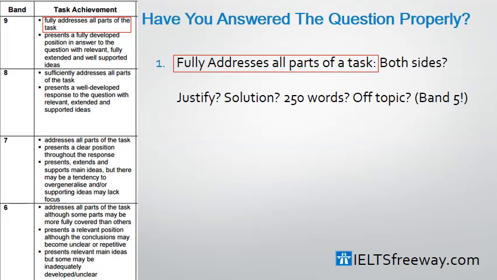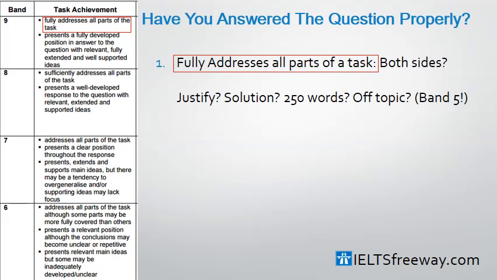It's also another reason why you should make sure you don't go off topic and start talking about related things. Everything you write should be specific for a reason, exactly about the question you've been asked. Otherwise, you could drop down to a band 5 for task achievement.